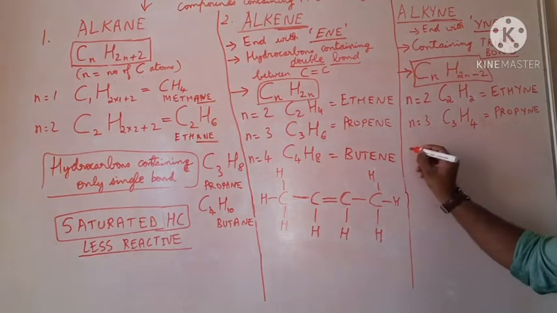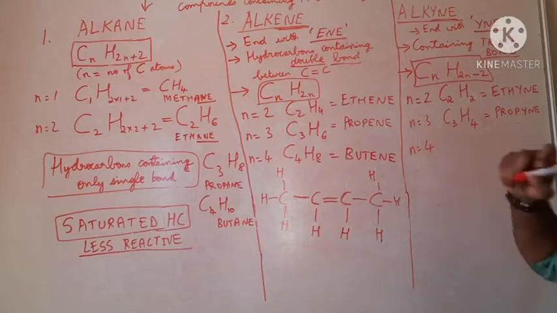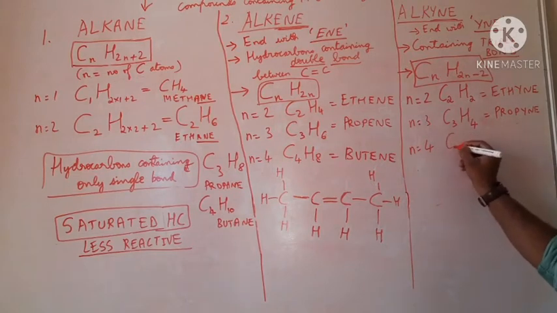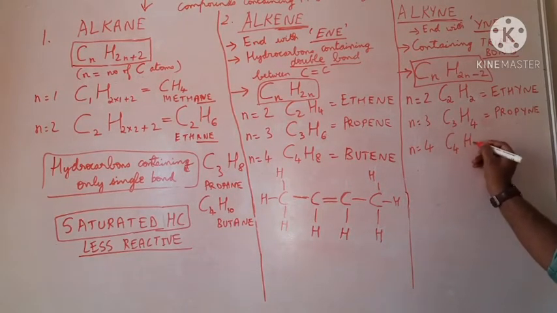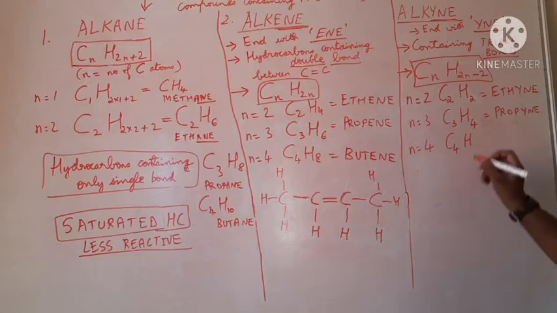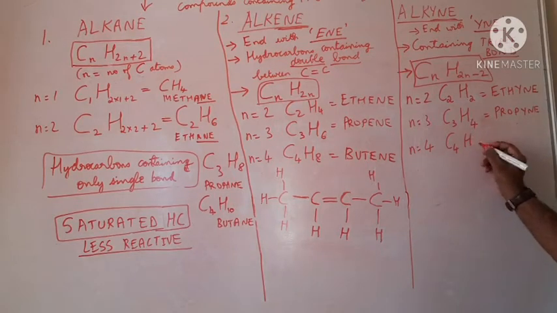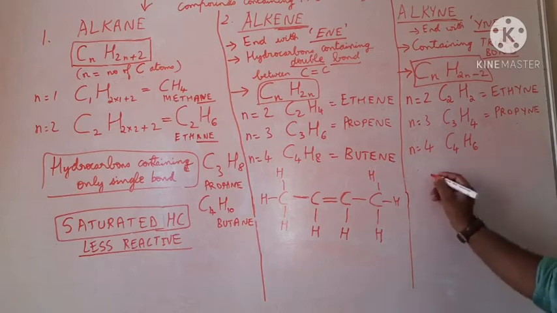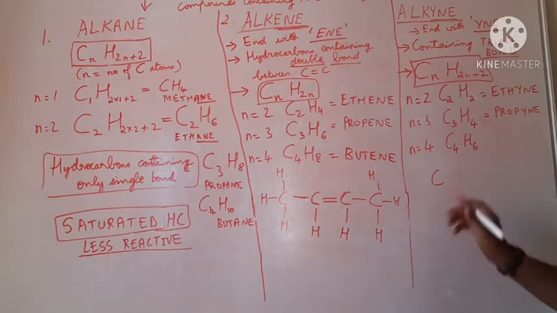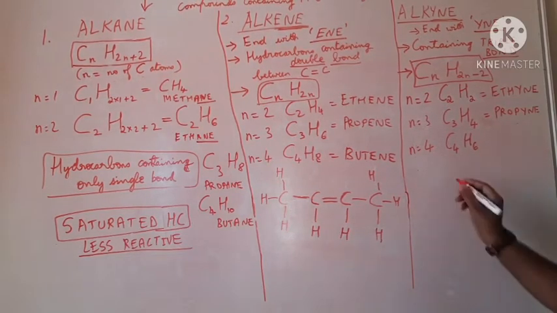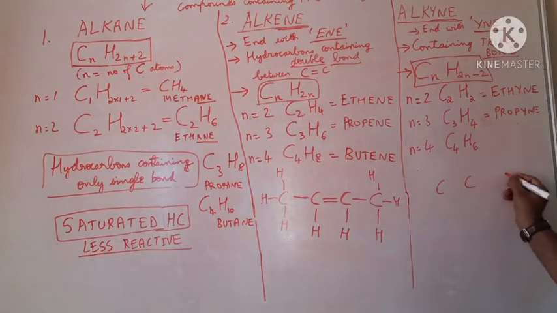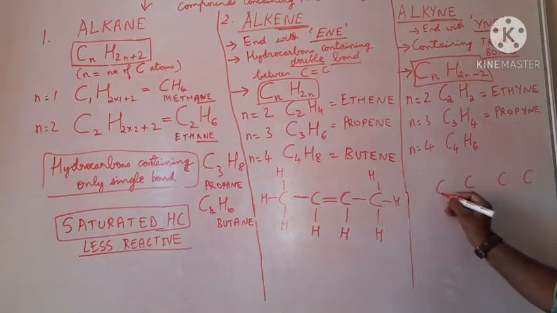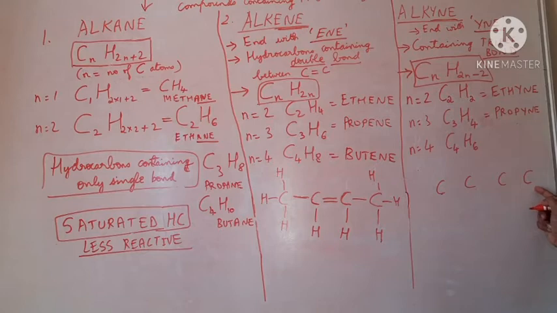The third member would be having 4 carbon atoms. So the formula will be C4H6, and write down the structure. 1, 2, 3, 4 carbons in a straight line.